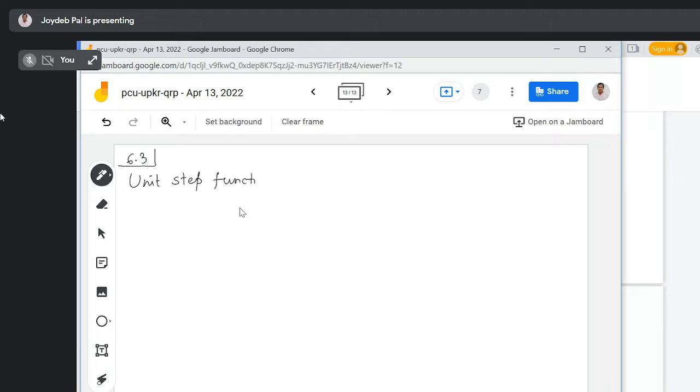Unit step function, or it is called the Heaviside function. So it is defined as, the notation is u(t minus a).